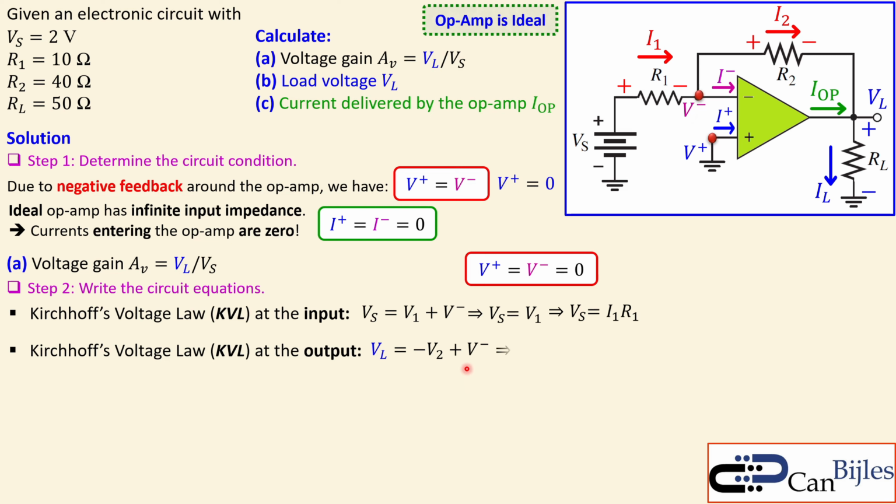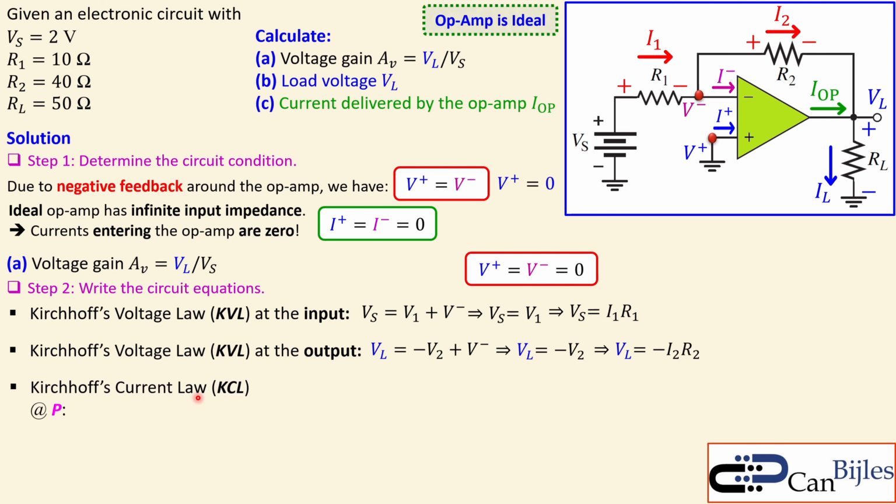And again, because V minus is 0, we can say VL is equal to minus V2. And we will again use Ohm's law. We can say minus V2 is minus I2 times R2, again current times the resistor. So we now have two equations, for Vs and for VL, expressed in current and resistance.